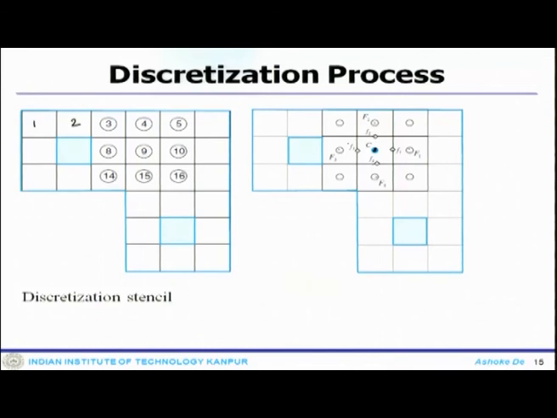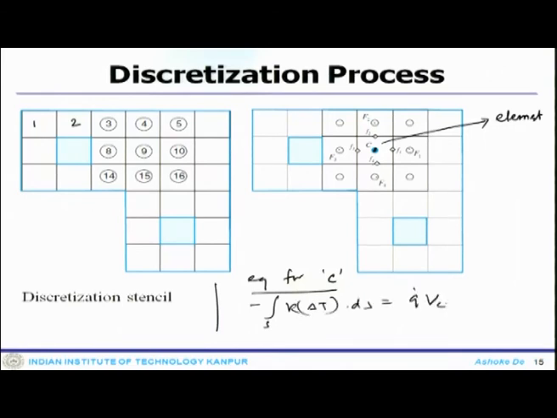So now I will write down the equation for C. If I concentrate on that particular element, my equation would be minus k surface del T dot dS equals q dot Vc.